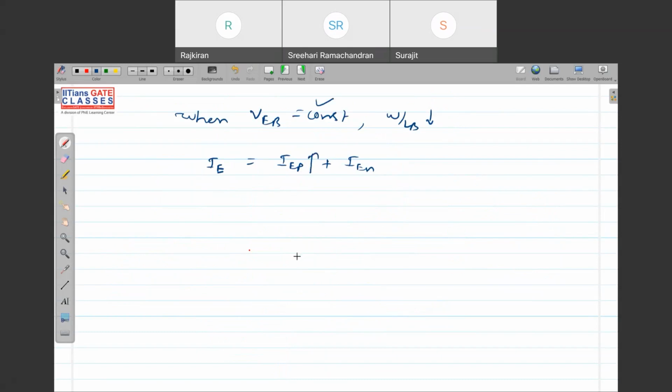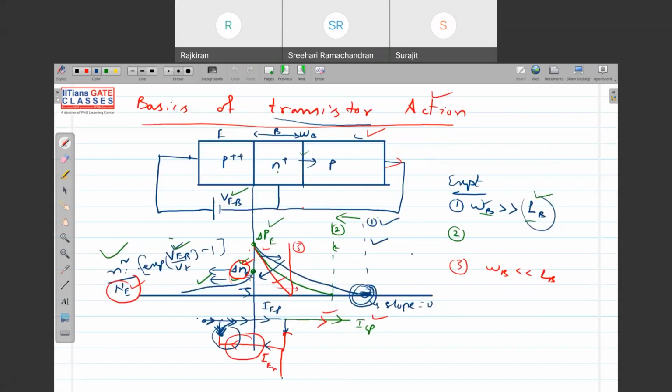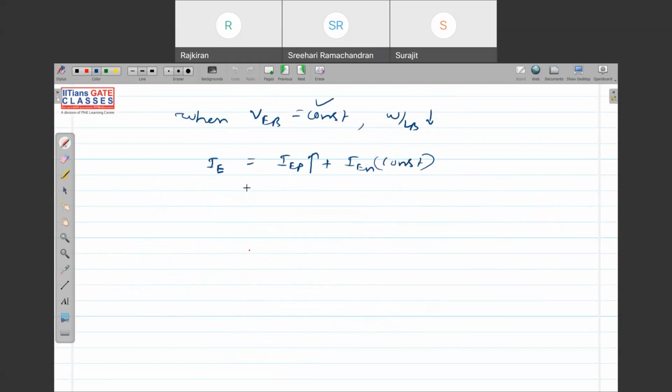And IEN is not changing, it is constant, because the concentration profile remains the same even if you move the junction. So what will happen to my IE? It will increase, because IEP is increasing.